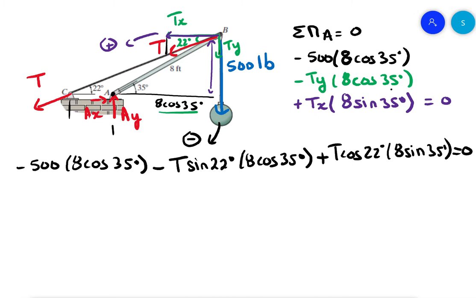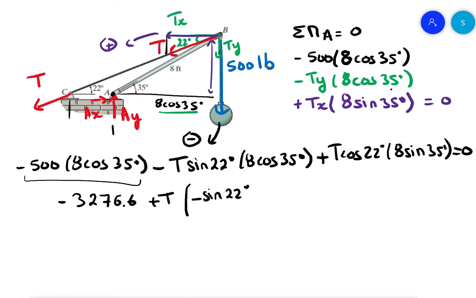Okay, so let's simplify a little bit. 500 times 8 cosine 35, that's minus 3276.6. And there we can group T, so plus T, and we have minus sine 22 times 8 cosine 35, and plus cosine 22 times 8 sine 35.